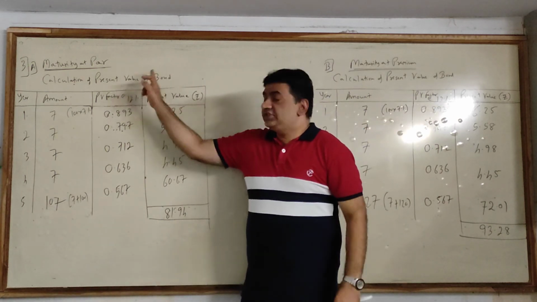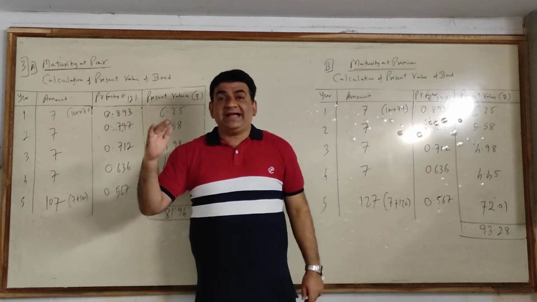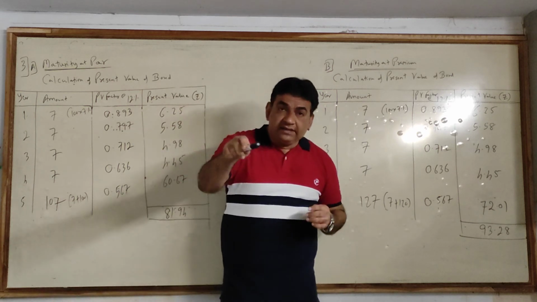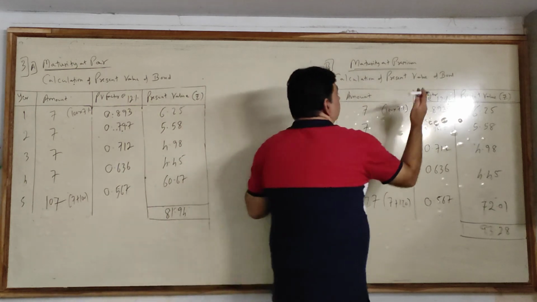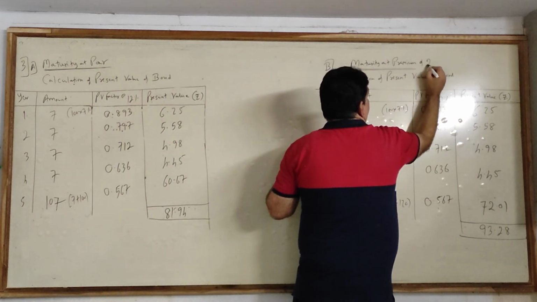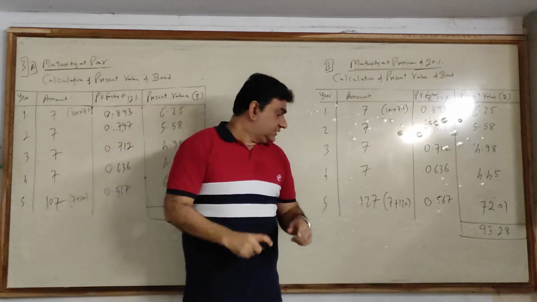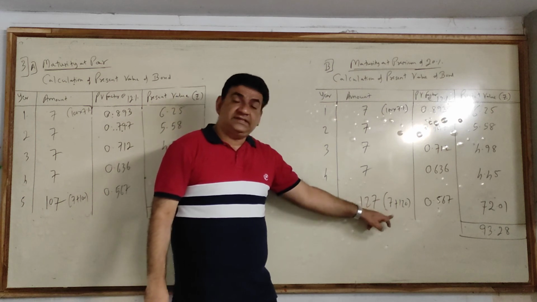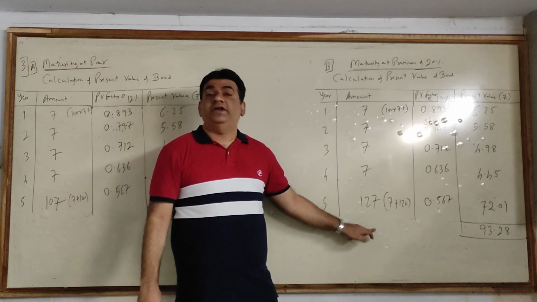Here, maturity was at par. So in the last year, I got my 100 as it is back along with 7 rupee interest. Here, it is at a premium. Maturity at premium of 20%. So in the last year, 7 rupee ka interest I will get, plus the 100 rupee I will get at a premium of 20%.